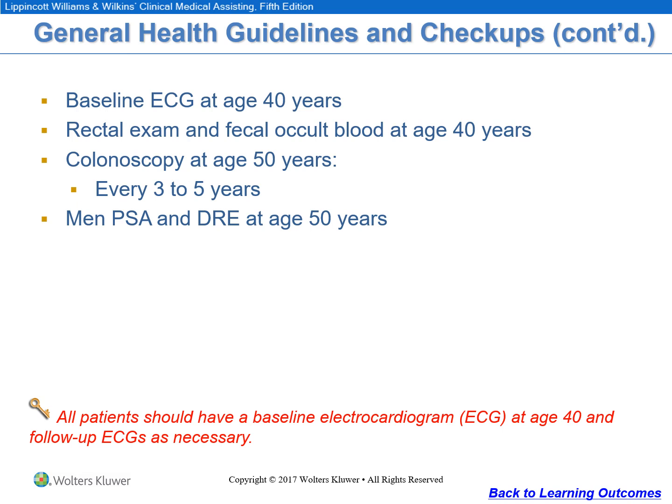Rectal exam and fecal occult blood at age 40, colonoscopy at age 50, every 3 to 5 years, which will vary based on history. Sometimes it might be pushed up to 10 years. And for the men, for the prostate exam, the PSA and DRE at age 50.